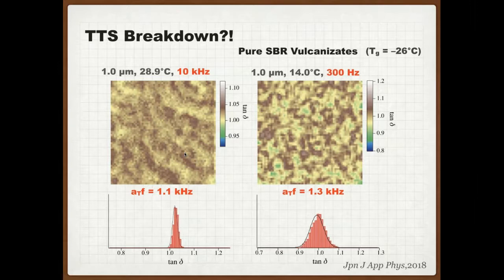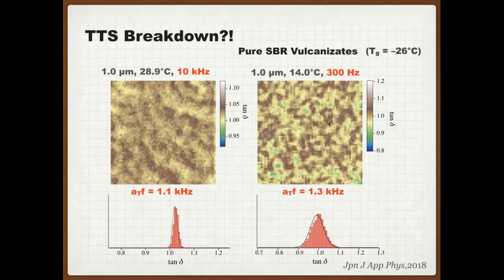Actually, as I mentioned, I work with industrial people. This type of heterogeneity comes from the viscous nature of rubbery materials. So if you use this sample as a material, then the highly energy dissipative region still remains. If you want to use this for a tire application, this is not a good thing.